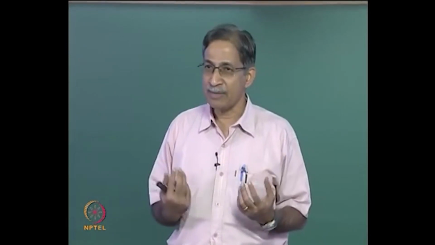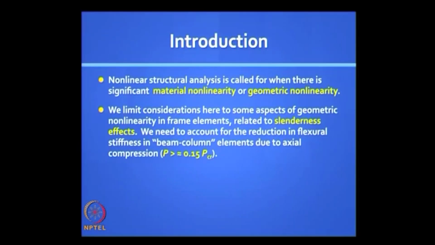It may not be of concern if your level of axial loading is low in relation to the buckling strength. So I have suggested there that as long as your axial compression is less than 15% of your critical buckling load, perhaps you can ignore this in engineering practice. But when the axial compression level is high, then it has a major effect in dictating your response.